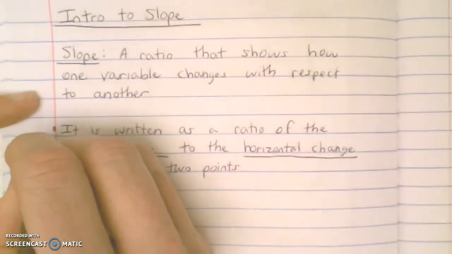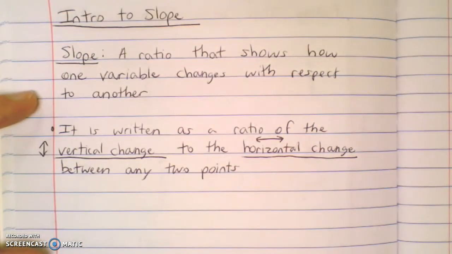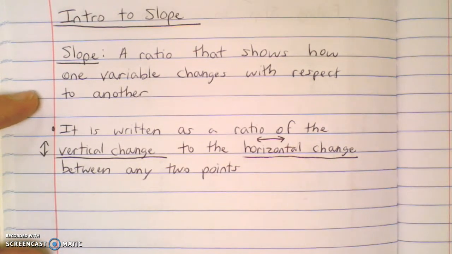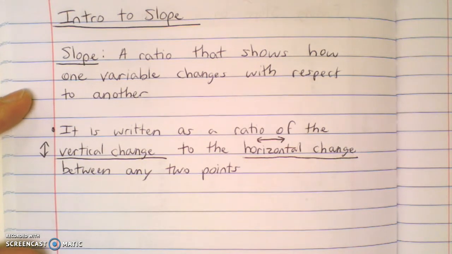So remember, vertical is up and down, horizontal is side to side. So it's the ratio of the vertical change to the horizontal change. Ratio again means fraction.